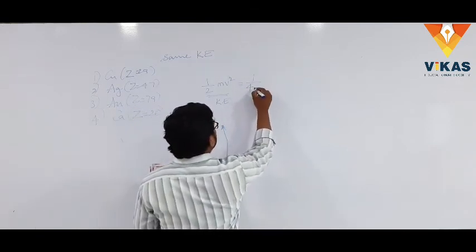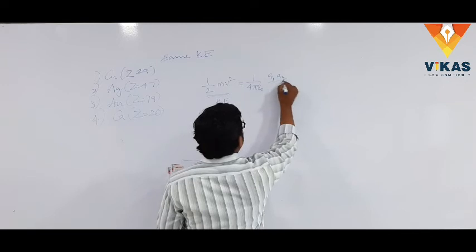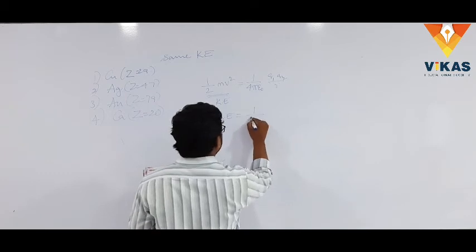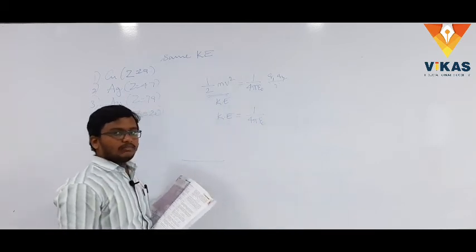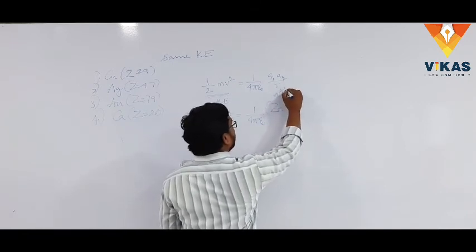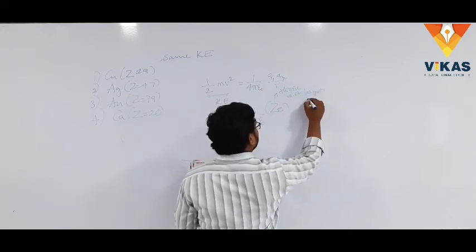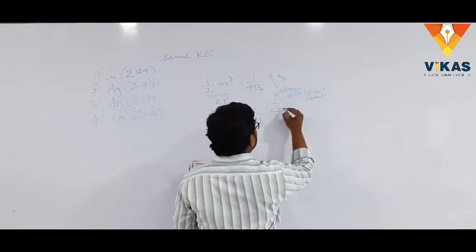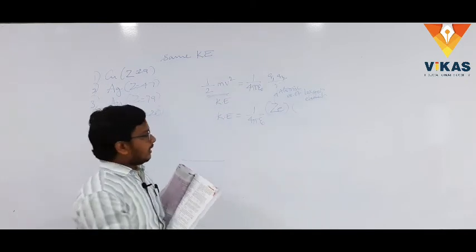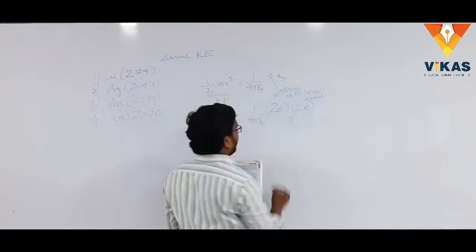So what is the potential energy here? 1 by 4 pi epsilon naught Q1 Q2 by R. Q1 Q2 are Ze, the atomic number of the target atom, and the charge of the alpha particle, which is 2e, since the atomic number of helium is 2.